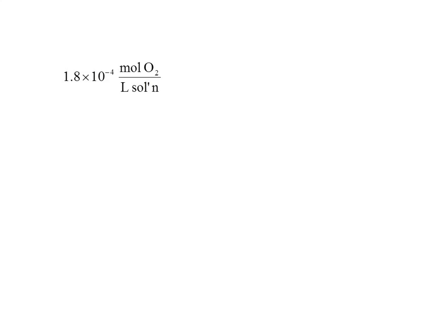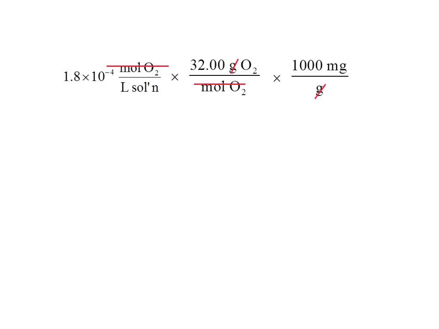Don't forget, the molar mass of O2 is 32.00 grams per mole. And then one last thing, because that will leave me grams, not milligrams. So to get milligrams, I put 1,000 milligrams over 1 gram. And that will get me where I need to go.